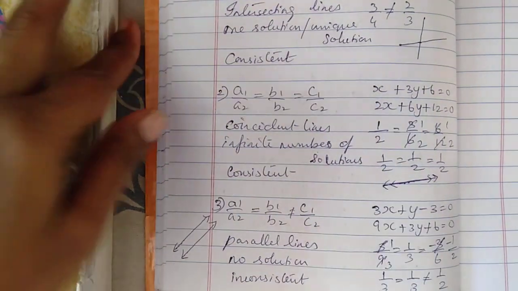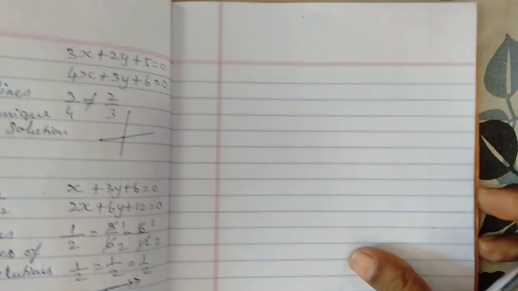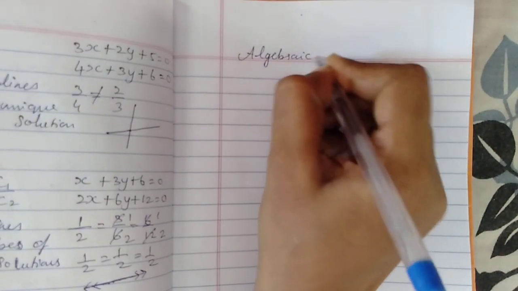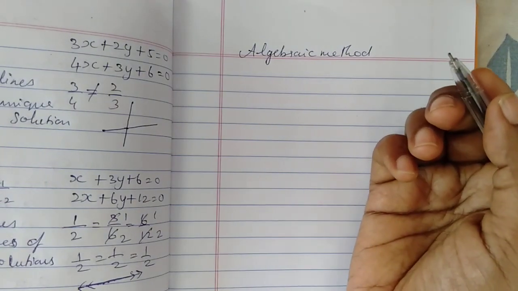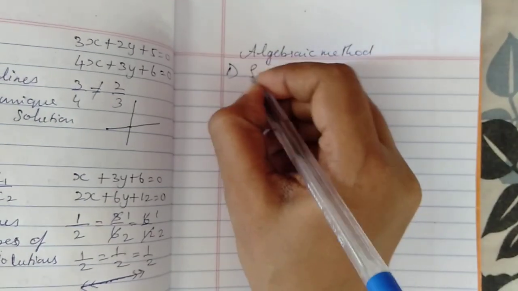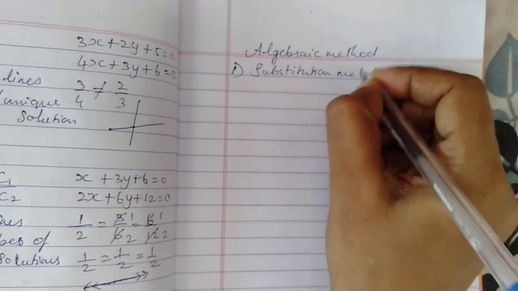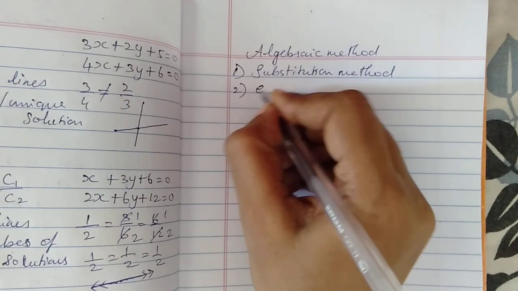Okay, now the next one is the algebraic method. There are three ways of doing the algebraic method. The first one is substitution method. The second one is elimination method.